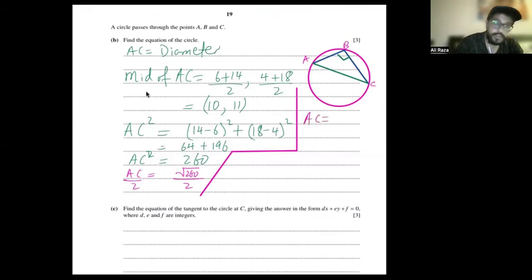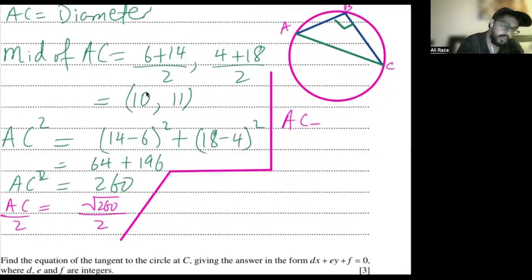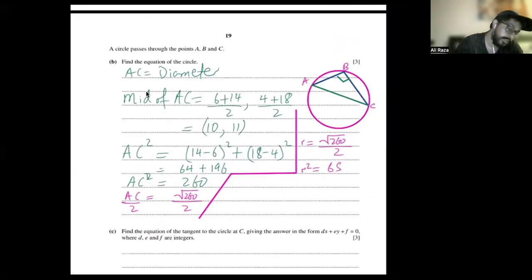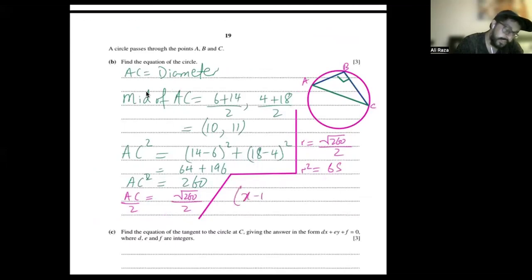The radius is equal to root 260 upon 2. R square is equal to 260 upon 4, which would be 65. So the circle equation comes out to be x minus 10 whole square plus y minus 11 whole square is equal to 65.